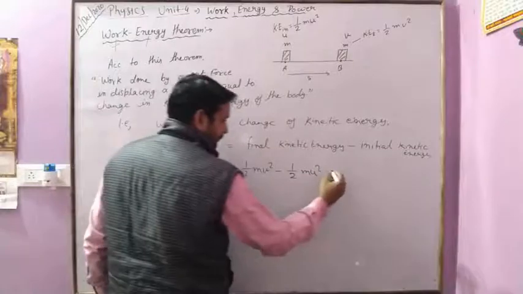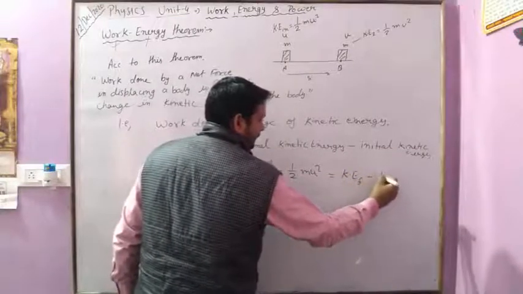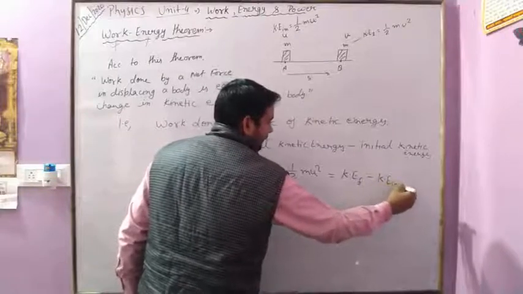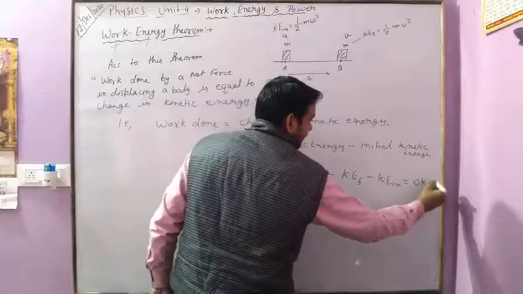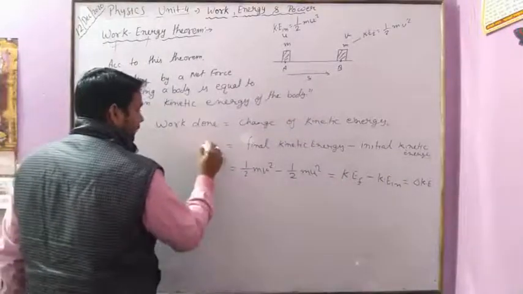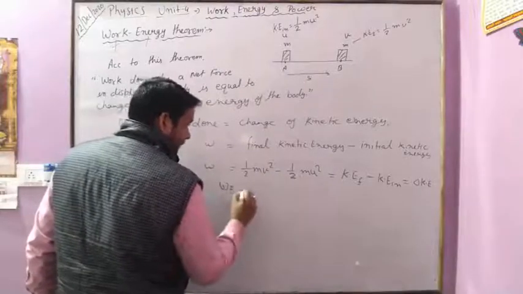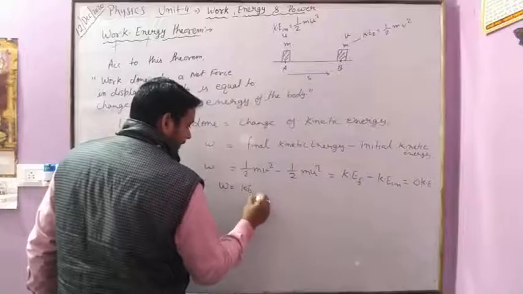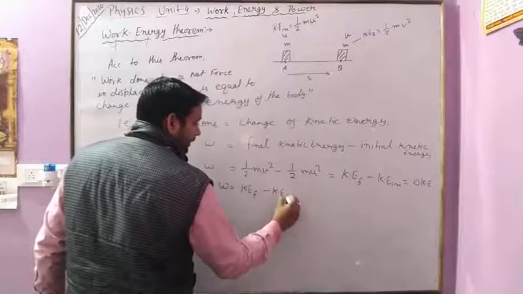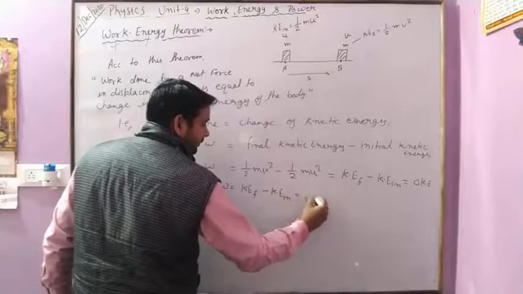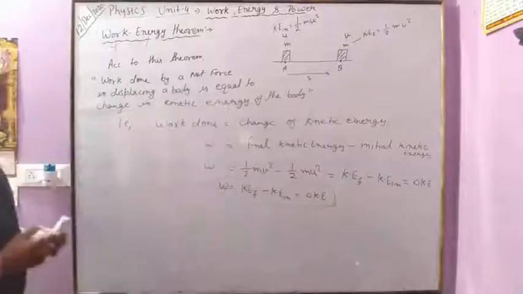This is KE final and this is KE initial. That difference is taken as the change in kinetic energy and it is the work done. Therefore work done is equal to final kinetic energy minus initial kinetic energy. This is the work energy theorem.